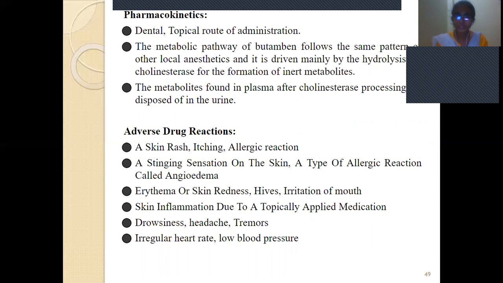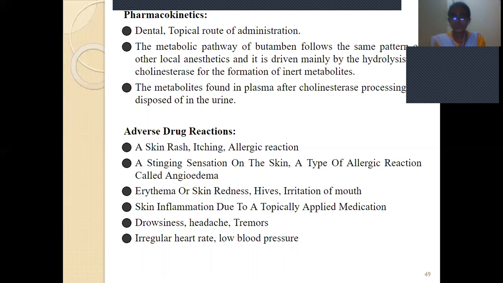The metabolic path of the drug follows the same pattern as other local anesthetics. Means whatever metabolic pathways are there for the other local anesthetic drugs, this drug also has the same metabolic pathway.